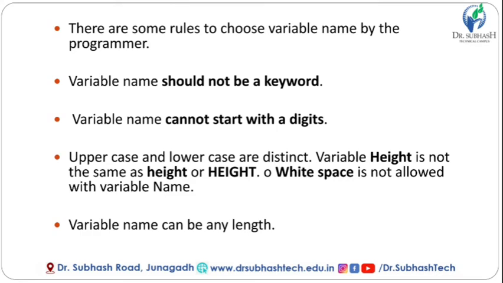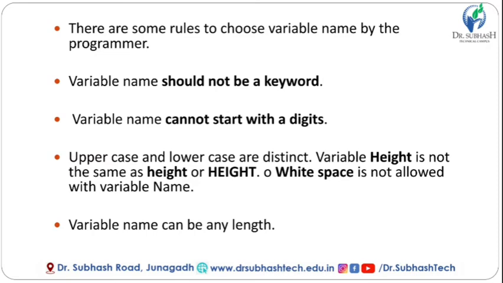There are some rules for choosing a variable name by the programmer. A variable name should not be a keyword. If any keyword is there in VB.NET, we cannot use that keyword as a variable. A variable name cannot start with a digit, such as 123ABC; it must start with a letter.